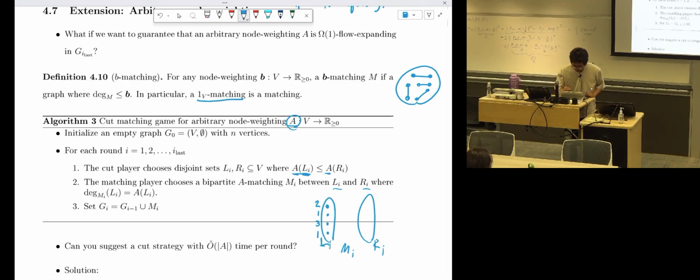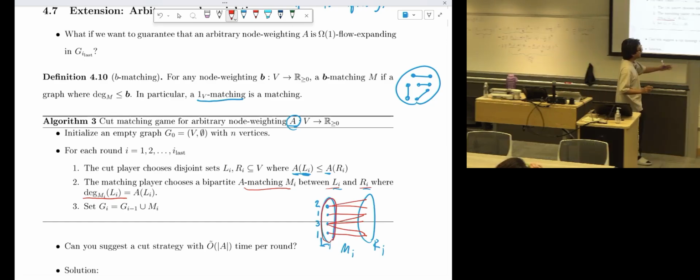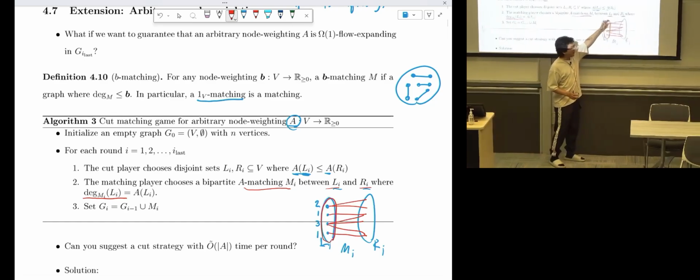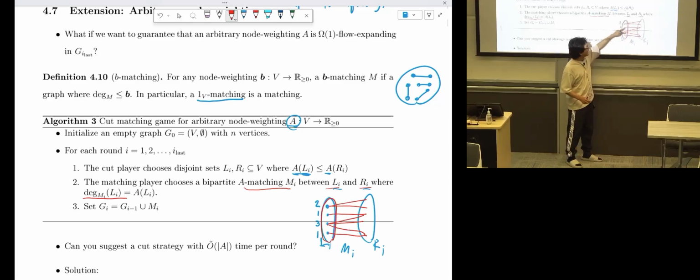So Mi will look like this, right? It has degree 2 here, degree 1 here, degree 3 here, and degree 1 here. This is an example of Mi: an A matching between L and R. Like we used to say that we mesh everything on the left, now what it means is to saturate the total degree, the total capacity of every node here.